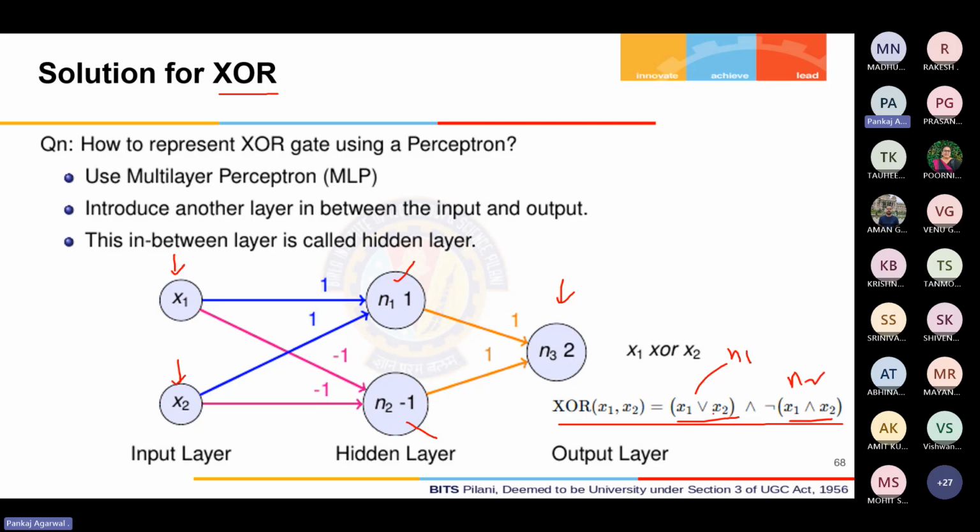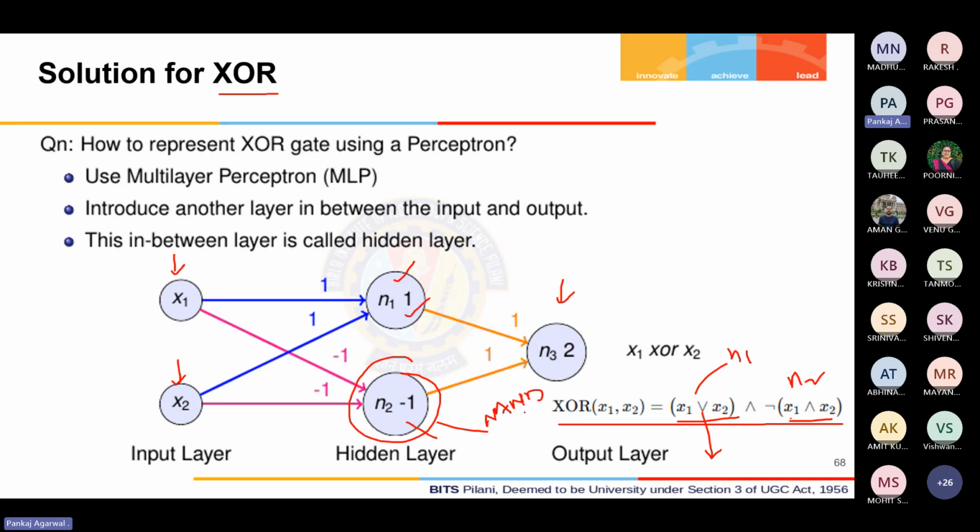Now N1 is given the role of an OR function of x1, x2. You understand this? This is OR functionality. The second hidden neuron would be given the functionality of AND of x1, x2, followed by NOT of AND, so ultimately it is the NAND part.